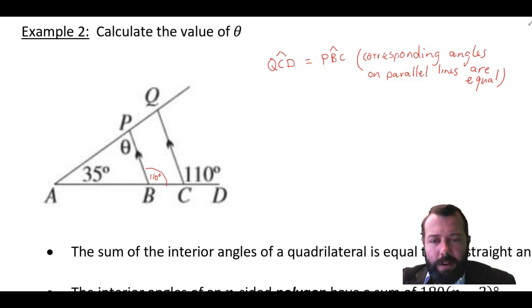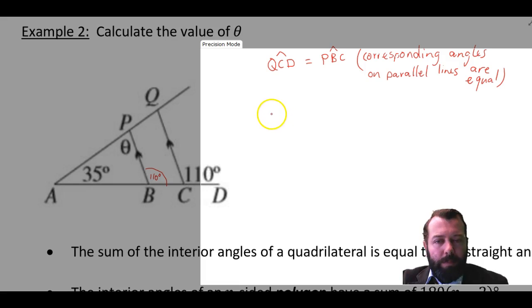Now I know that we're going to use this property that the exterior angle is equal to the sum of the opposite internal angles. So let's write that down. PBC is equal to BPA plus PAB.